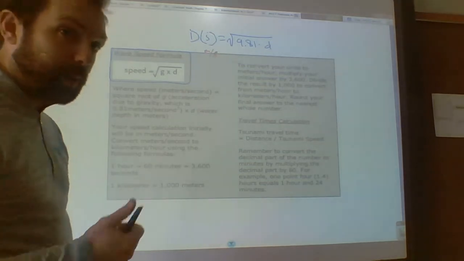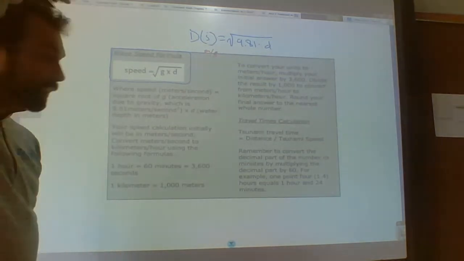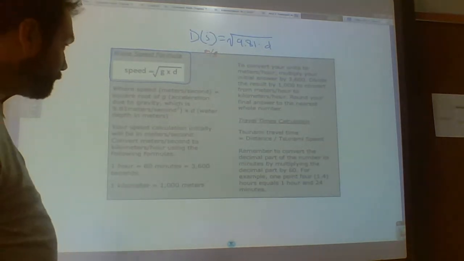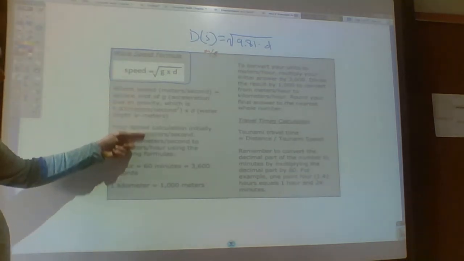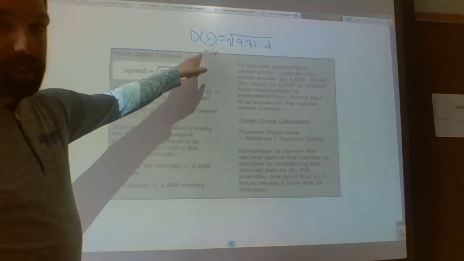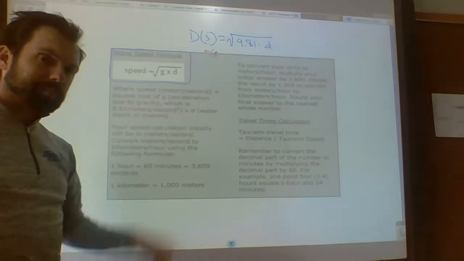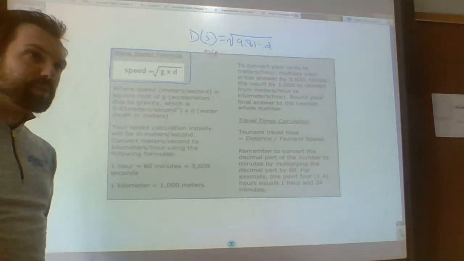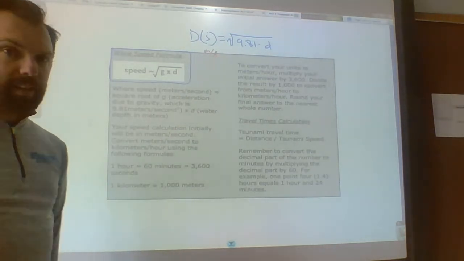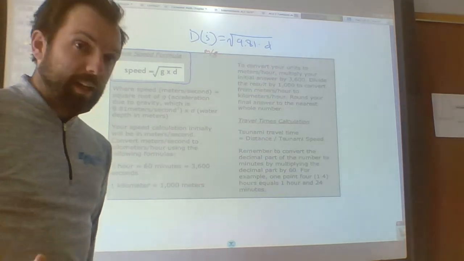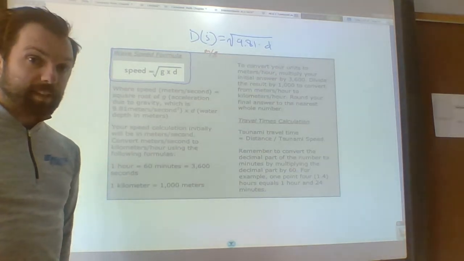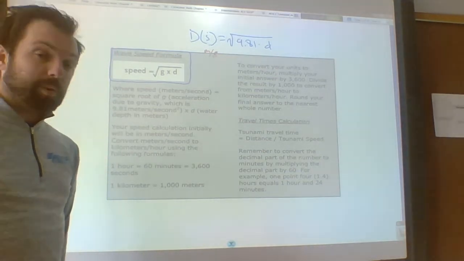Now that's just one part of the activity that we're going to look at this week. A couple other things going on in here. This speed is going to be given in meters per second, but that's not the most useful way to communicate speed. If I told you that I could run 50 meters per second, I don't know what that would mean to you.